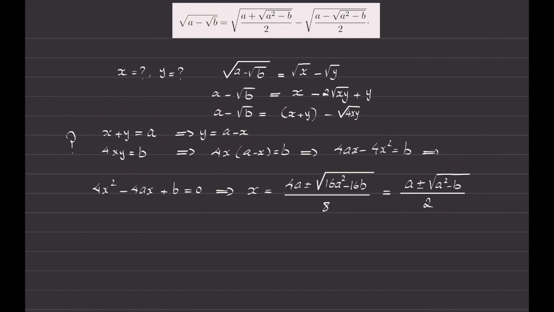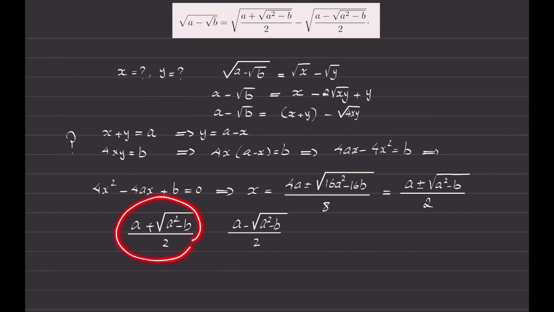So in other words, what I'm saying is that one of these numbers is x and one of these numbers is y. So in principle, this can be x, and I put it here, and I will find y. You will see that if you do this simple algebra, y will be this one, and the other way around.